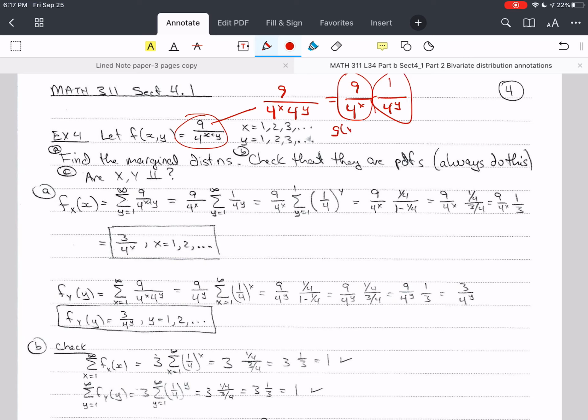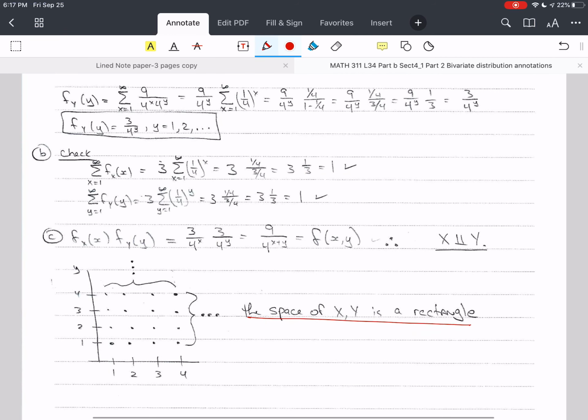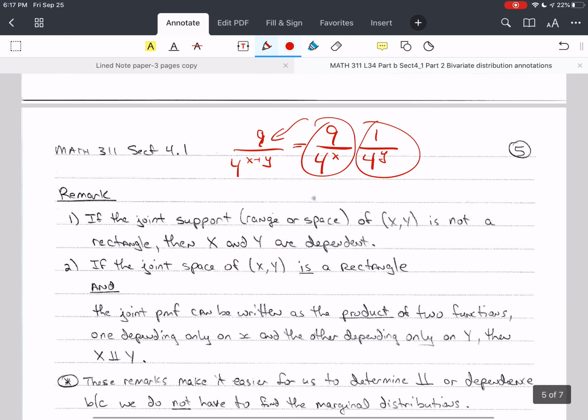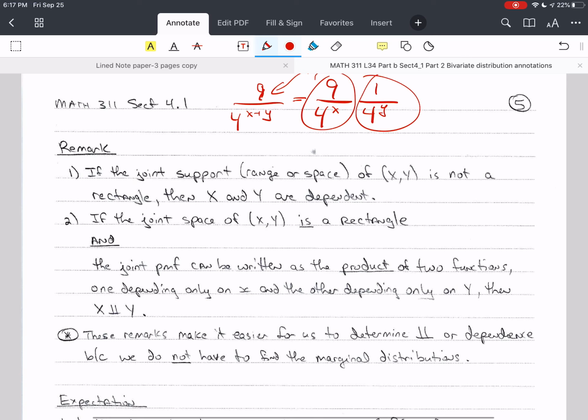I'll call them g of x and g of y. When I multiply them, they become the joint PMF, and the space of this was rectangular. I was going to tell you about some remarks and then realized I didn't have that slide in my presentation. So that's what we're picking up here.